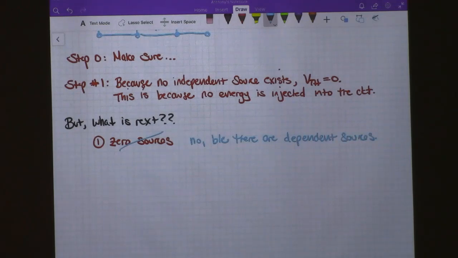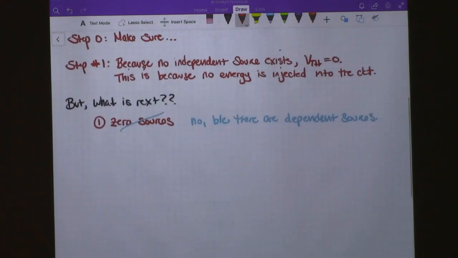The method that we used in the first problem was we zeroed out the sources and solved for RS. We can't do that here. We have dependent sources. That's not going to work. It's the same thing we saw in the previous problem when we had independent and dependent sources. That doesn't work.